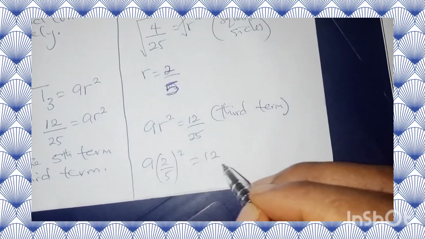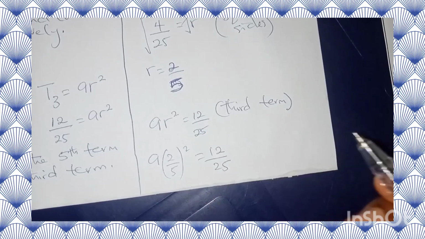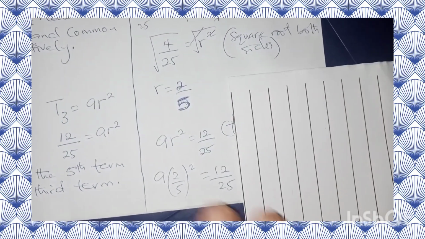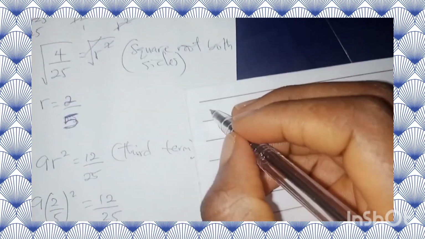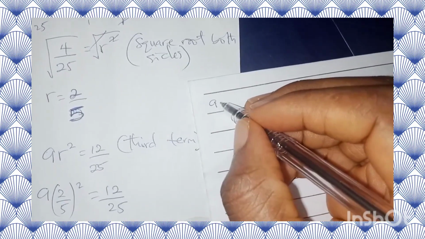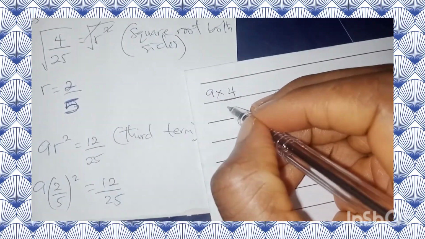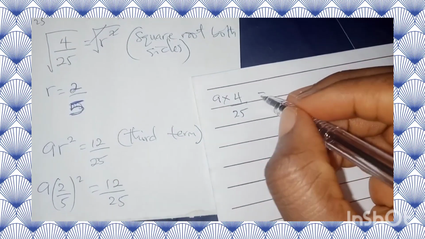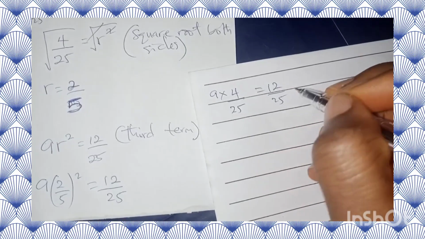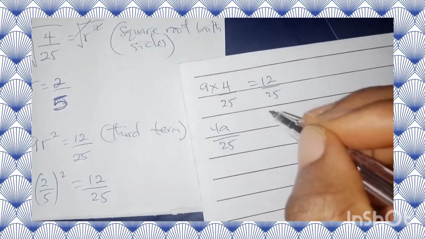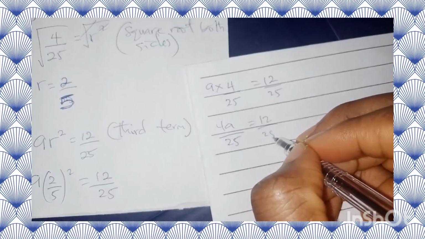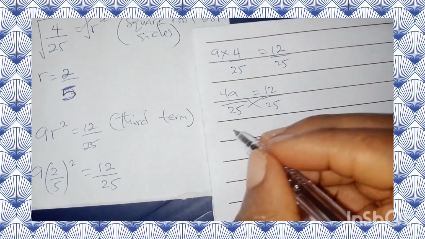That is AR squared equals 12 over 25, and then we represent the common ratio, which we have gotten to be 2 over 5. So we substitute, and then we expatiate. Now 2 over 5 squared will give us 4 over 25. So we have 4A all over 25 equals 12 over 25.